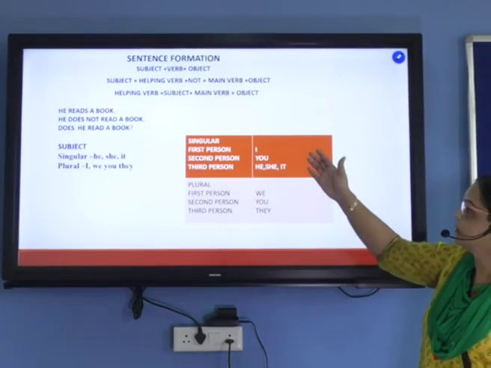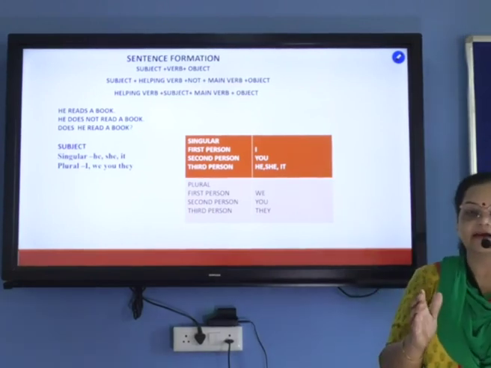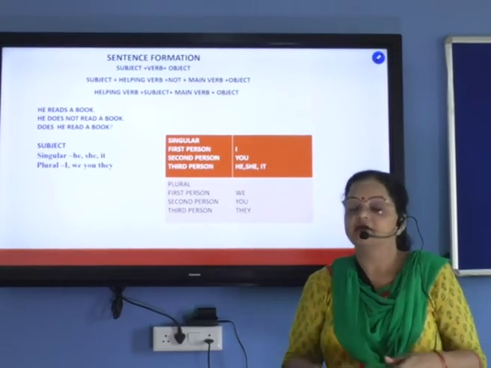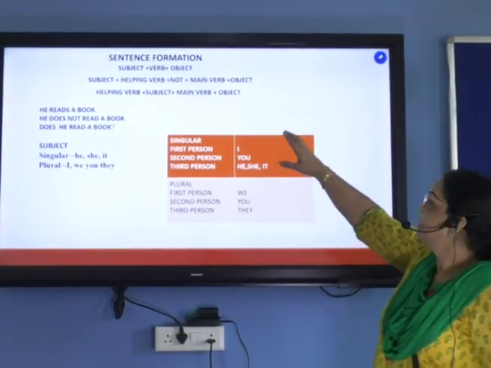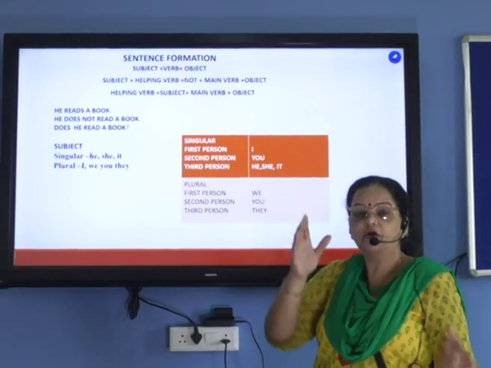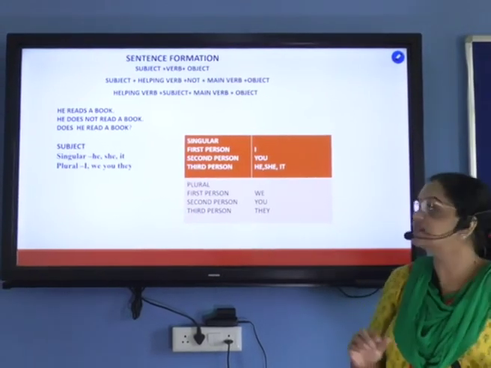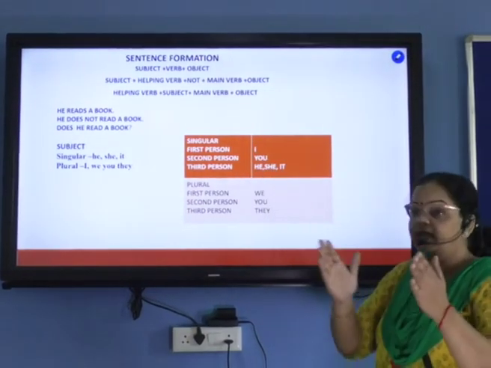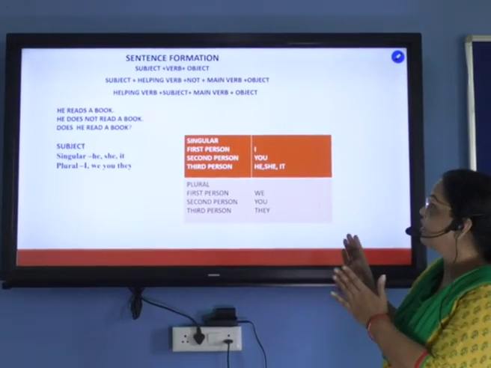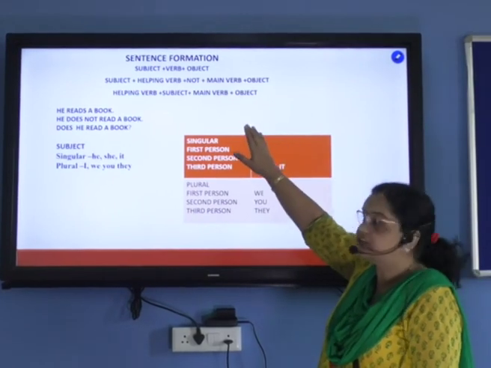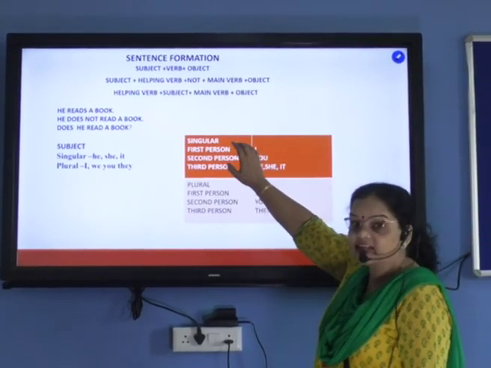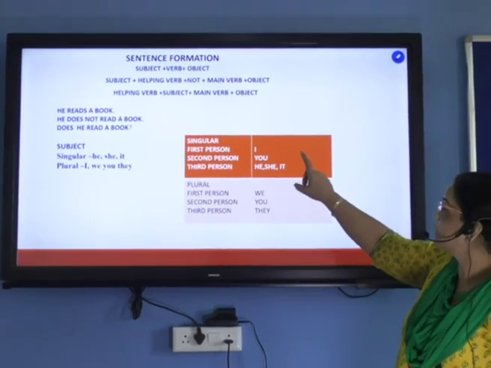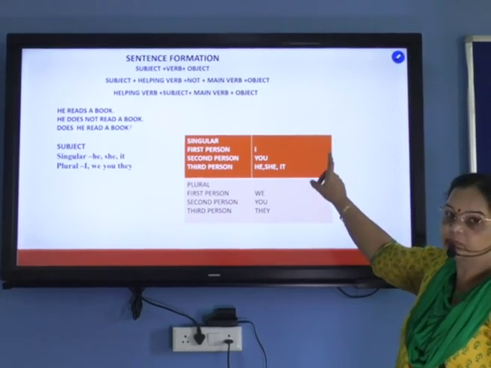Now, before beginning: when you make a house, first you make the foundation. So this is the foundation. Sentence formation. First we know how we have to frame a sentence: subject, verb, object. First will be subject, then verb and then object. This is for an assertive sentence. For an interrogative sentence, you have to frame it like this: subject, helping verb, not, main verb plus object.